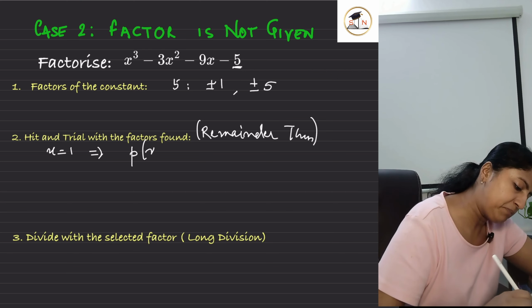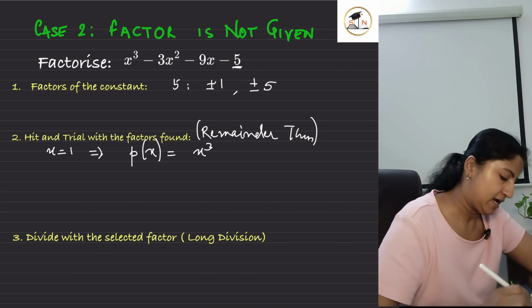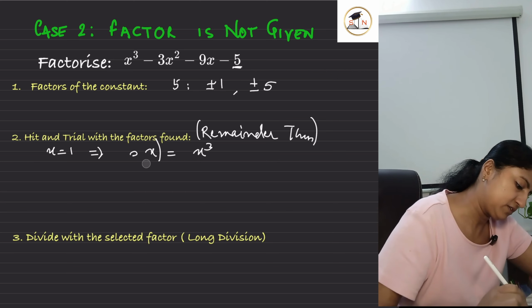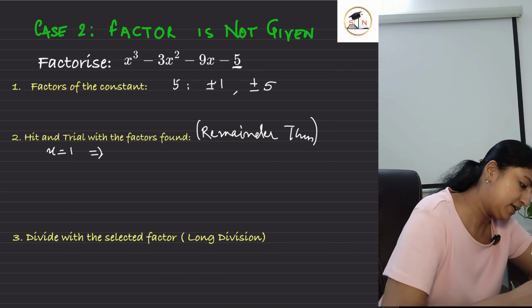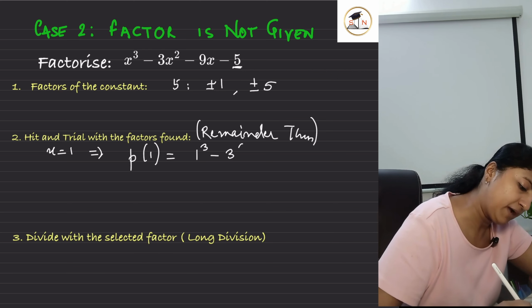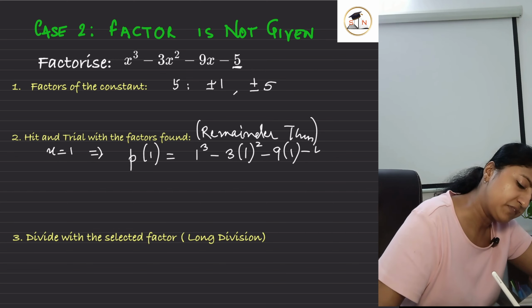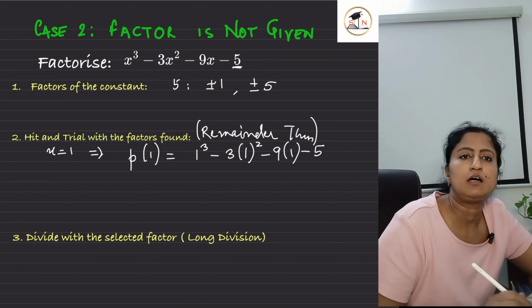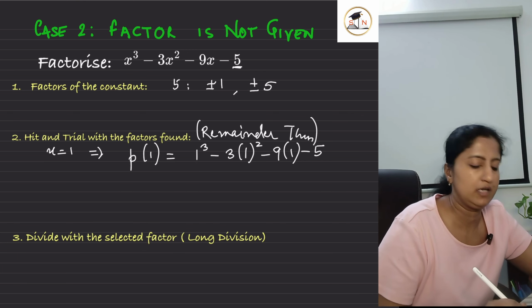So p(x) equals, I'll not waste the space over here, just a moment. So what we get over here is p of 1, and that leaves me with 1 cube minus 3 times 1 square minus 9 times 1 minus 5. The target is that we should have it equated with 0.